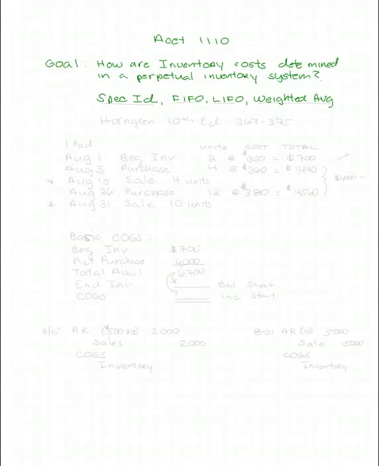If you are using the Horngren book, the 10th edition accounting book, you can follow along. I am going to use a different approach to solving the information on pages 367 to 375.